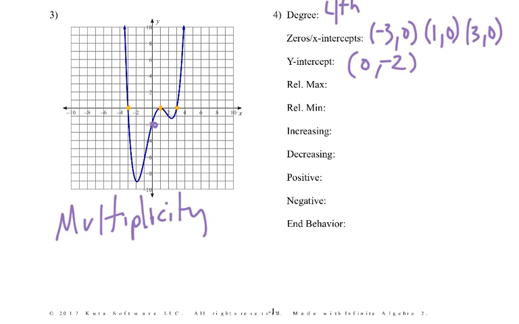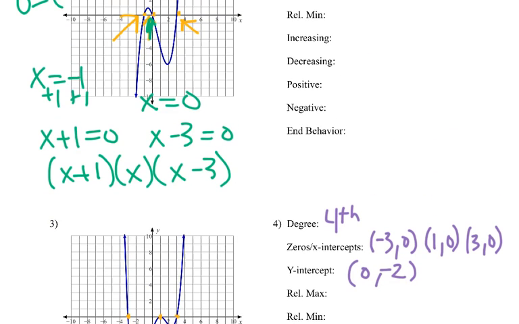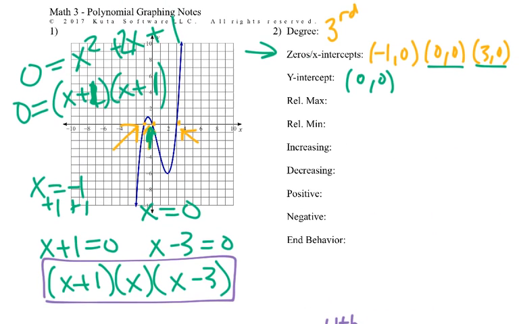Basically, we can have a 0 that is more than 1, that we count twice. And that goes back to this idea that if I were to take this, x plus 1 times x plus 1, that's really x plus 1 squared. That number right there on the factor, that determines your multiplicity.